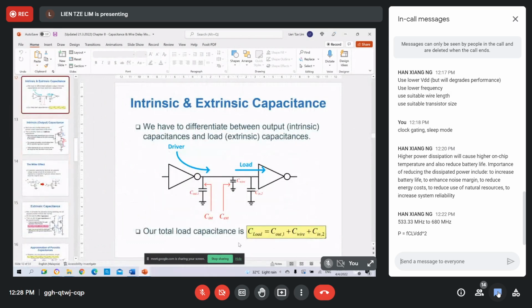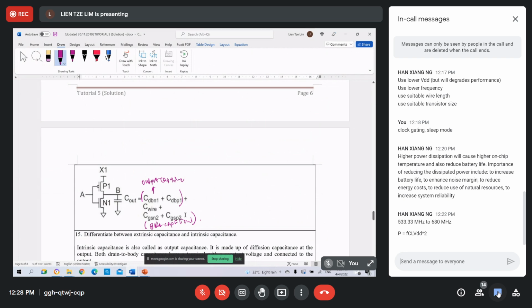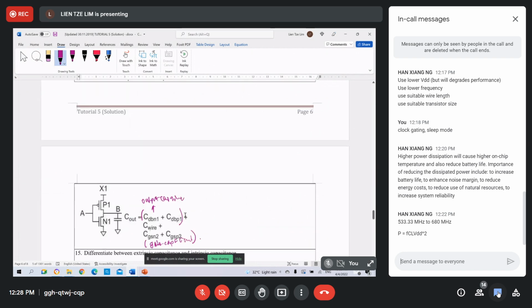We should refer to this slide for load capacitance. Load capacitance should include the output capacitance, wire capacitance and input capacitance. So this is consistent with the answer given here.